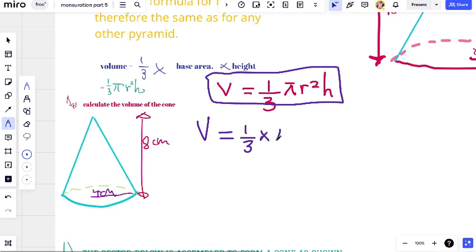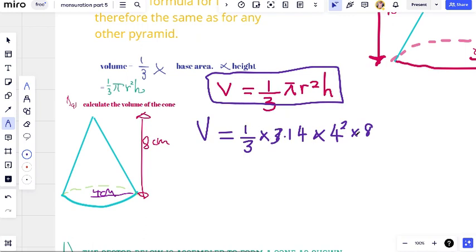We put the value of pi, which is 3.14, times the radius, 4 squared, which is 16, then times the height, which is 8 centimeters. Okay, so now let's calculate.